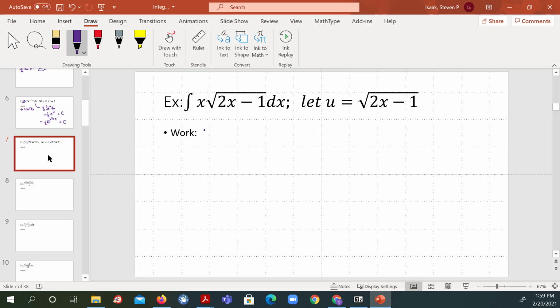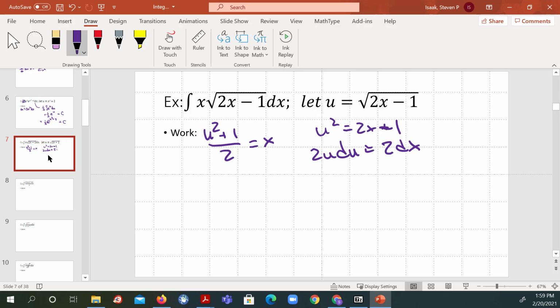Well, u squared plus 1 over 2 is x. Now, when I saw this in my mind, I see u squared is 2x minus 1. So 2u du is 2 dx. So u du is dx.